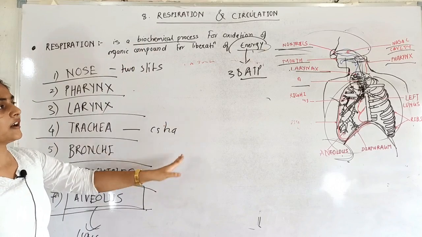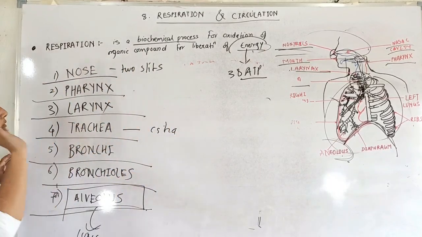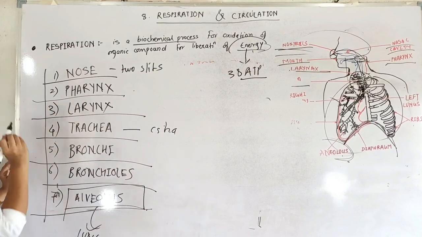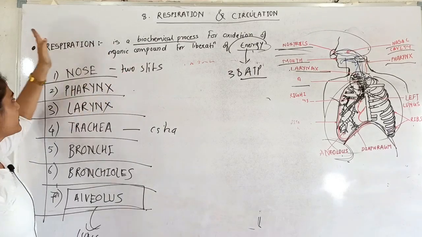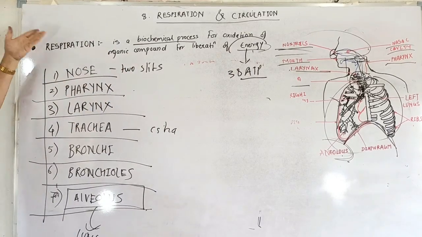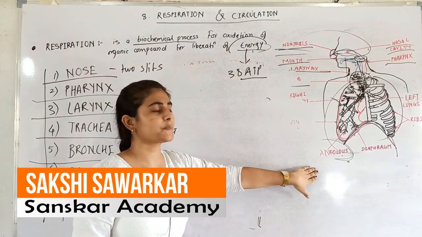So while answer writing of the human respiratory system, you must include these 7 points at the starting. Above these 7 points, you should include the introduction of the human respiratory system.